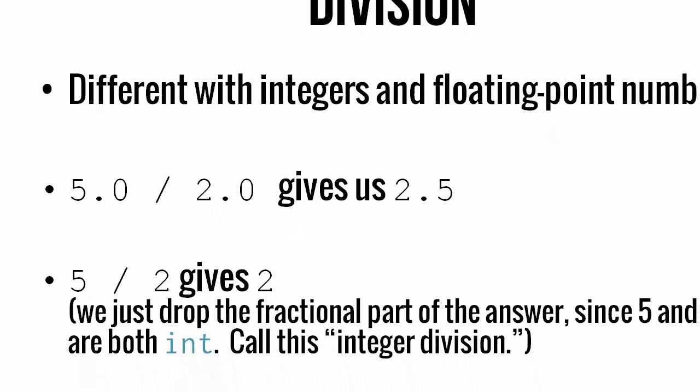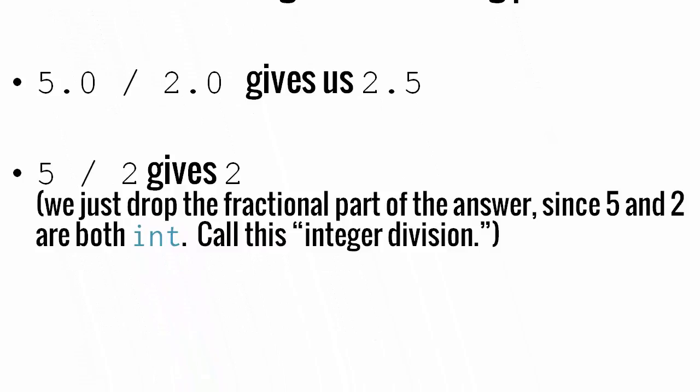Now, 5 divided by 2, and let me be specific, that's integer 5 divided by integer 2, no decimals. That's going to give us an integer answer. So the way you can think about this, and we'll call this integer division, is we're saying, okay, integer 5 divided by integer 2 gives us 2 point something, and then we drop whatever fractional part there was in the answer, since 5 and 2 are both ints. So 5 divided by 2 actually just gives us integer 2.